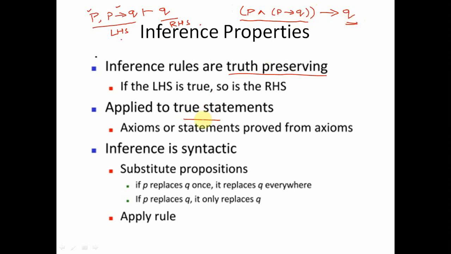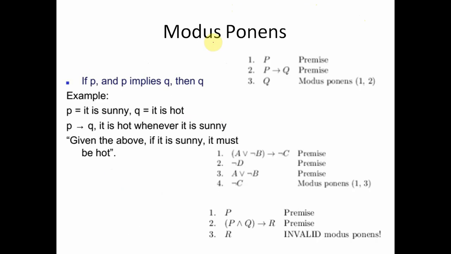It is applied always to true statements. Modus ponens: the first premise is P, the second premise is P implies Q, and the conclusion is Q. These are the premises, and this is the conclusion. Let's take a simple example. Let us say P is showing it is sunny, Q is showing it is hot. And P implies Q says it is hot whenever it is sunny.